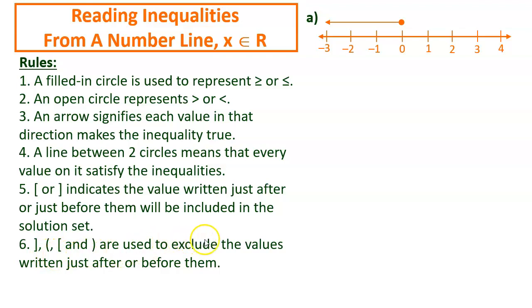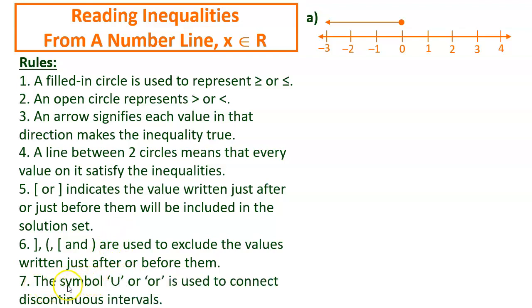And these are used to exclude the values written just after or before them. Why do we need to exclude? Because of this rule, greater than or less than. We will be seeing that when we have an open circle on top of some number, that number will be excluded from the solution set. So that is where we will be requiring these brackets or the square brackets or the parentheses. Okay.